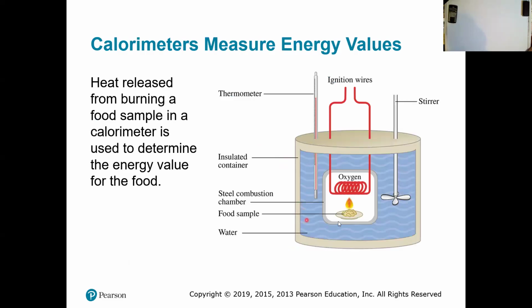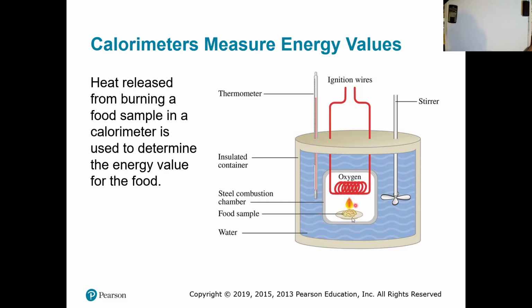All right. So this is kind of the example of what this looks like. Your calorimeter is like this steel casing. It's going to be surrounded by water. You've got a thermometer here that measures the temperature of the water. You've got some kind of stirring mechanism to keep the water moving and distribute it evenly, so that you're not getting a buildup of heat in one area, which is reflected in the temperature.